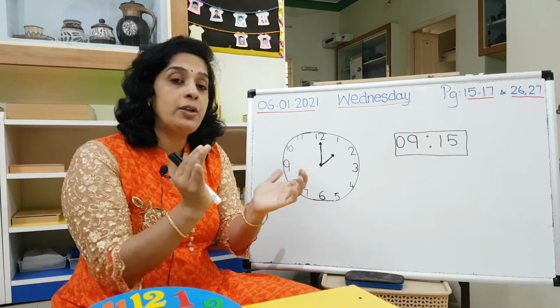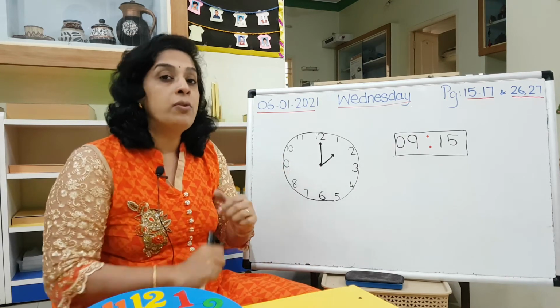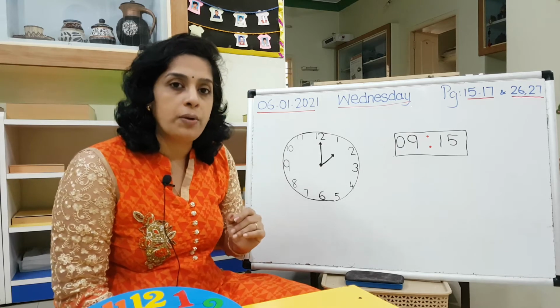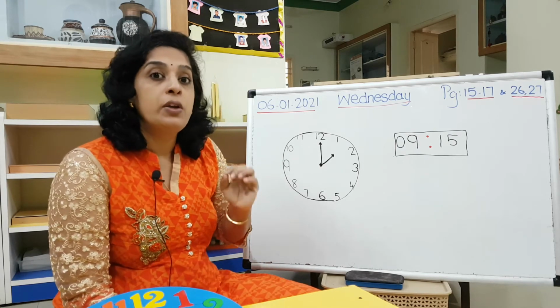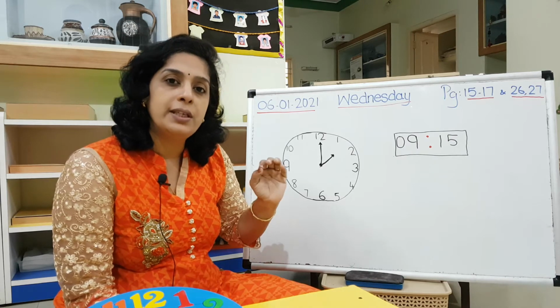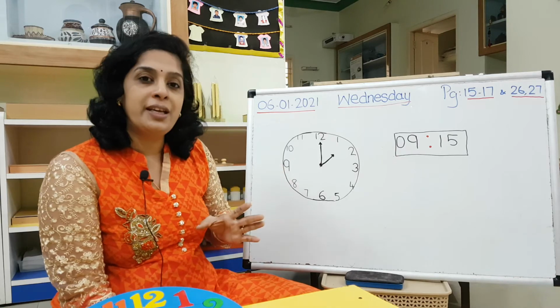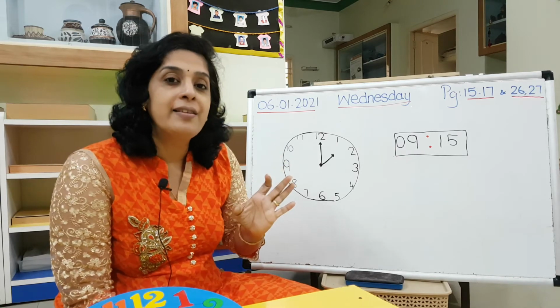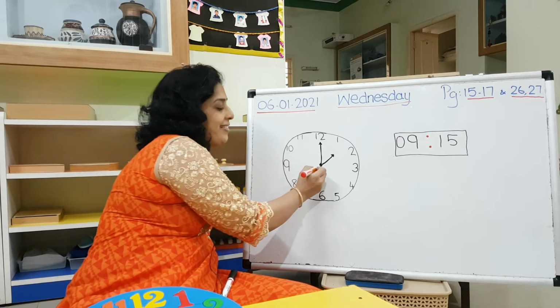Okay, wheels joined together, they are called as cog wheels, and they will keep moving. So that is called the ticking of the clock. If you are silent and nobody is talking in the house, you will hear the ticking of the clock. That ticking is nothing but the movement of the seconds hand.